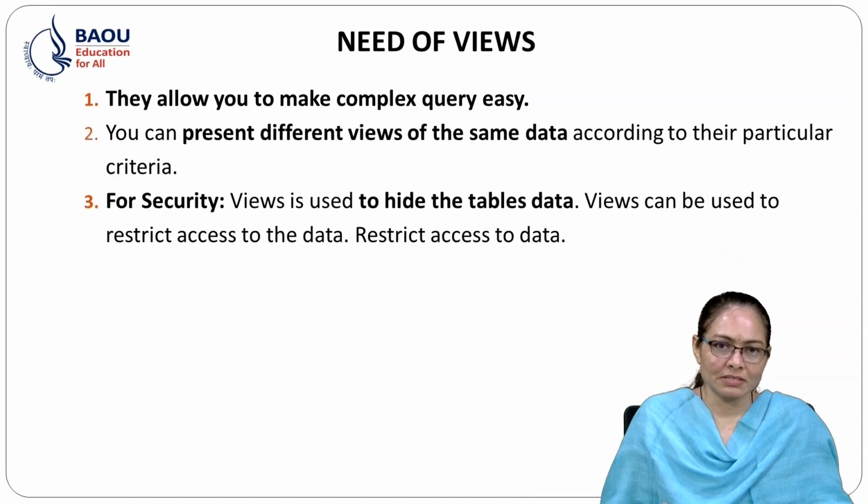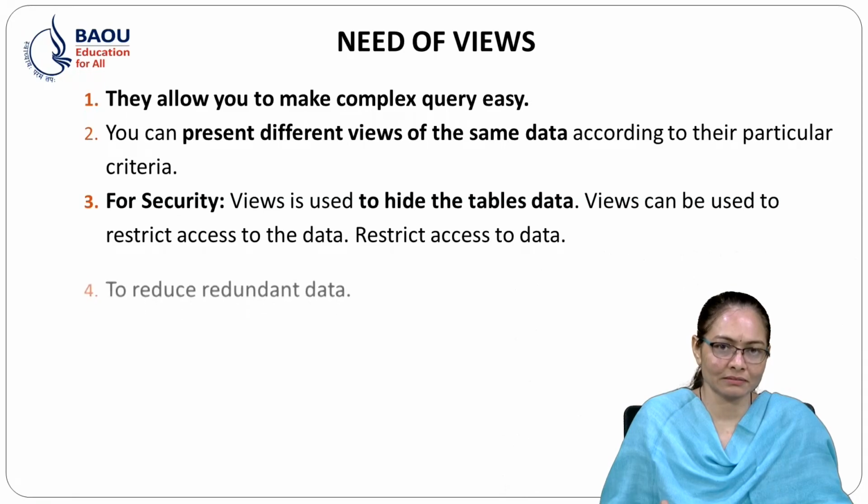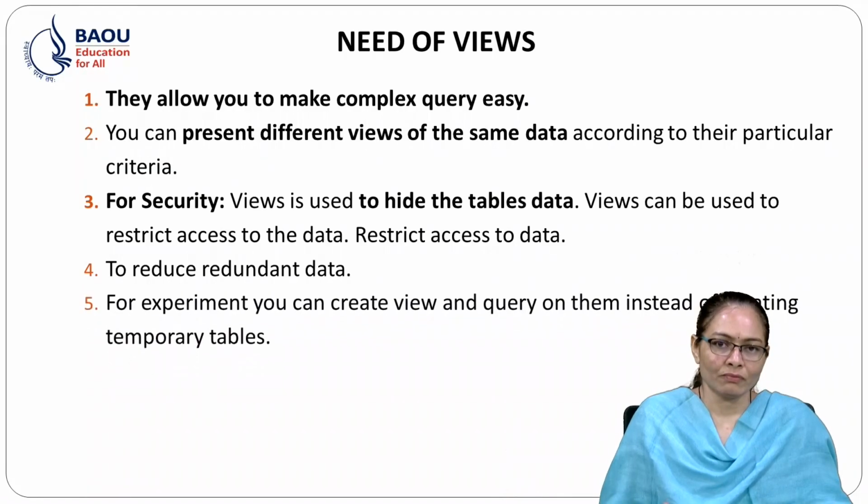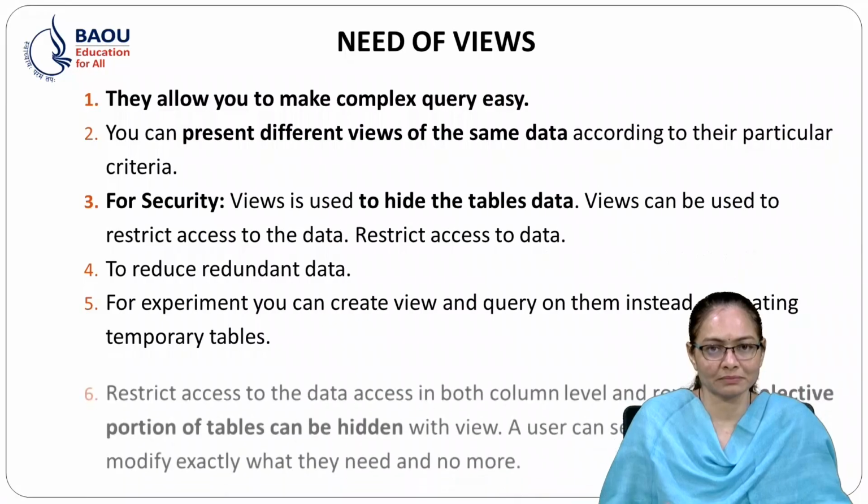It is used for security purposes. A view is used to hide the table data. A view can be used to restrict access to the data, to reduce redundant data, that is, not repeated data. Using a view, we can display unique data. For experiment purposes, you can create a view and query on it instead of creating a temporary table.